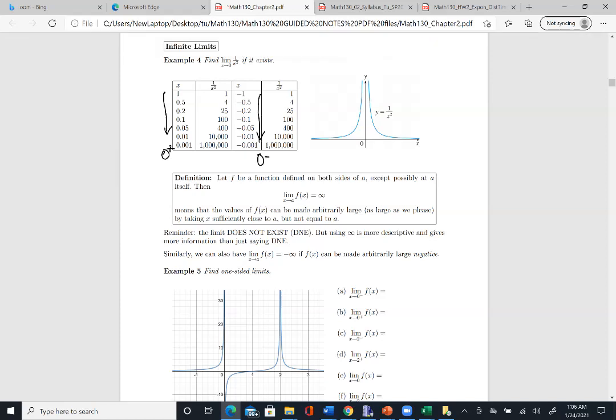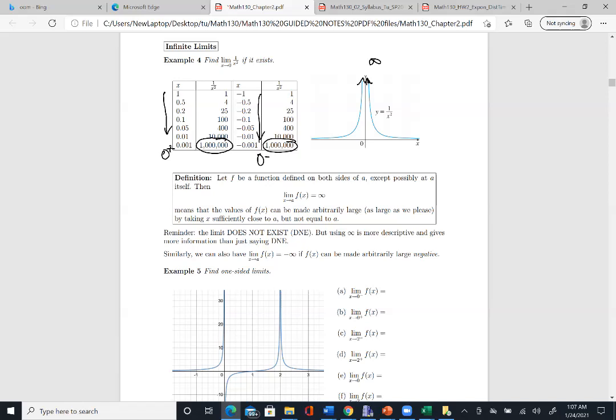You can see that the value of f(x) = 1 over x squared becomes bigger and bigger, right? And I'm going to say it becomes infinity later, as in the graph over here, it keeps going up until positive infinity.